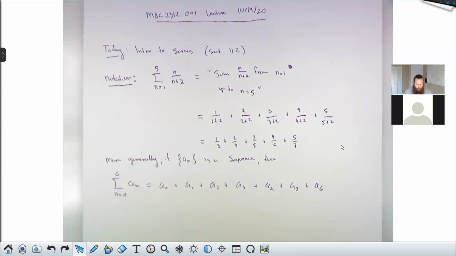So the capital sigma notation is just a way of writing a big addition problem in a small space. So it says, take this thing and replace n with all the numbers between 0 and 6. And then the sigma says, add them up. So you're going to add up all of these things as n runs from here to here.